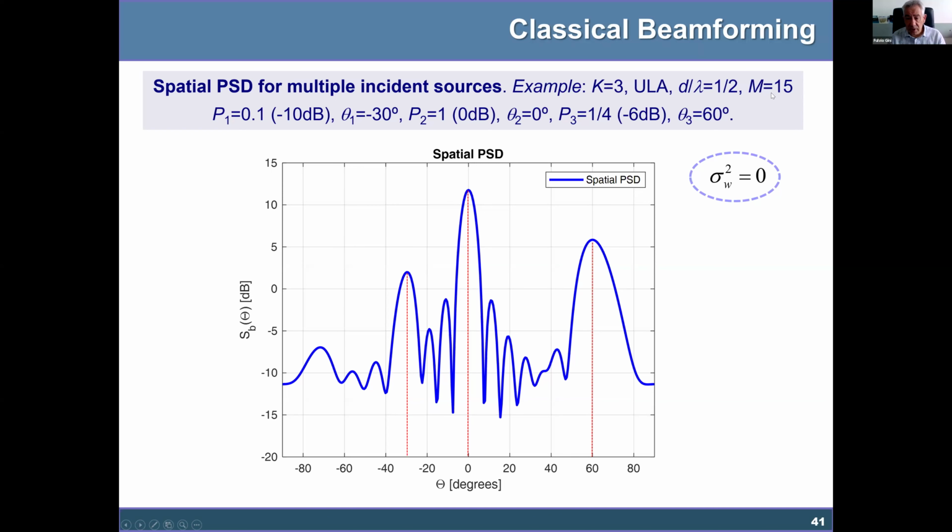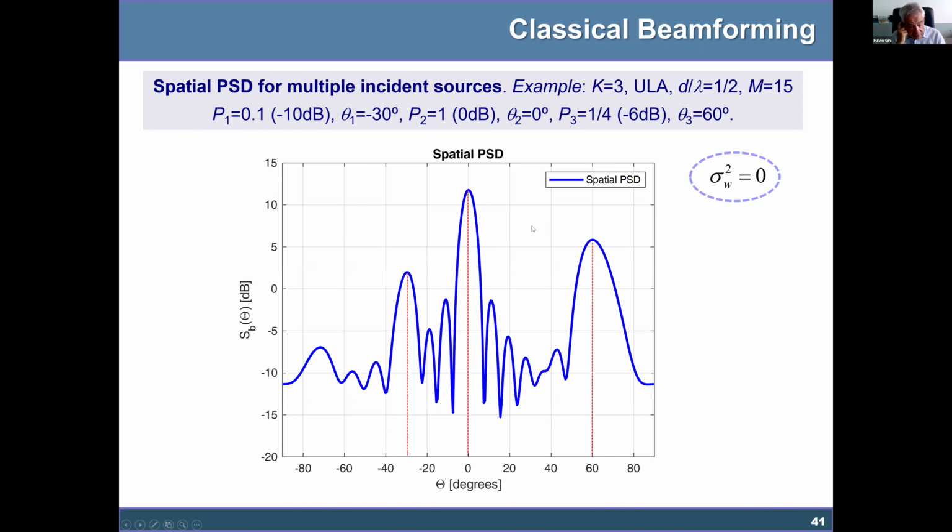D over lambda is 0.5, 15 sensors, and the 3 sources have different powers: P1 0.1, P2 1, P3 0.25. So in dB, minus 10 dB, 0 dB, minus 6 dB. And the directions of arrival are minus 30, 0, and 60. So this is what you see.